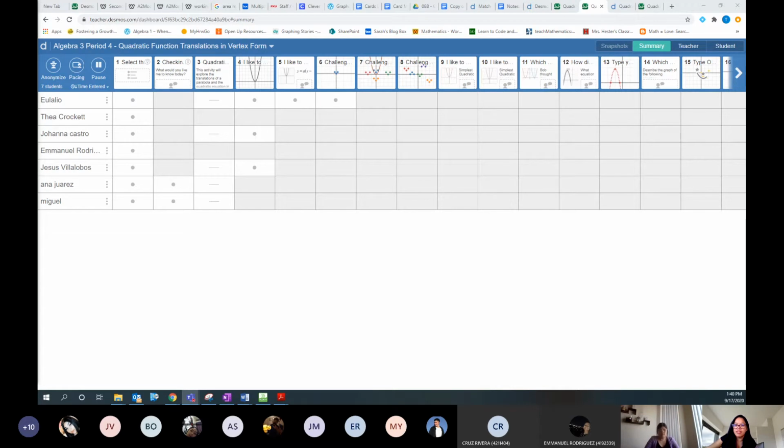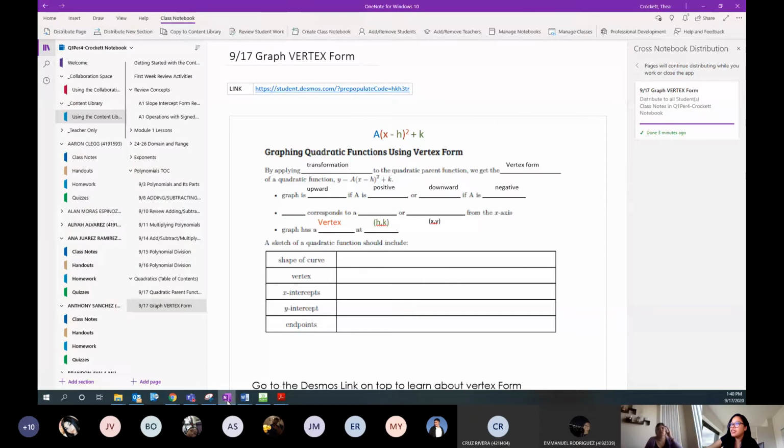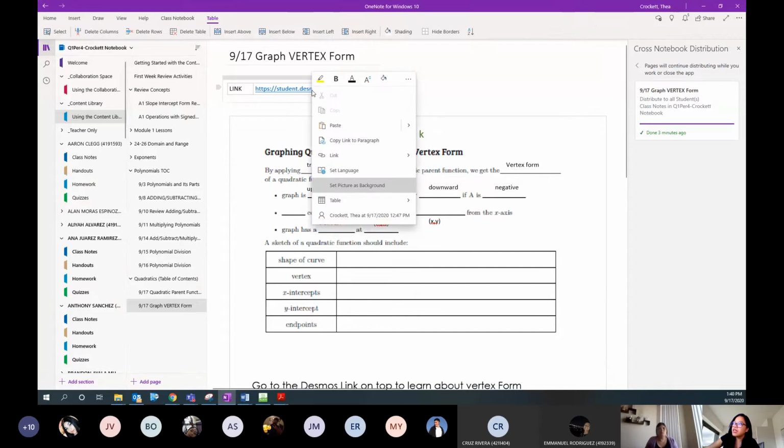You cannot? Okay. So Berenice, no. Aaliyah, the page is, I just added the page. See the 917 graph vertex? There's a link on top. You can copy it or there's open.